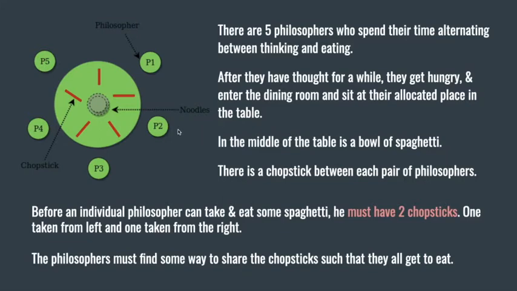There is a chopstick between each pair of philosophers. Before an individual philosopher can take and eat some spaghetti, he must have 2 chopsticks, one taken from his left and one taken from his right. The philosophers must find some way to share the chopsticks such that they all get to eat.